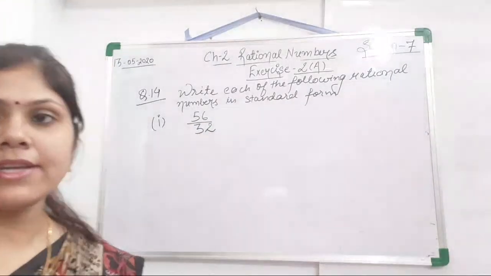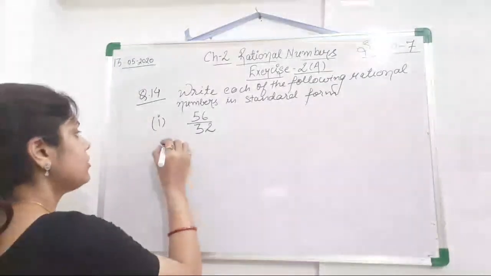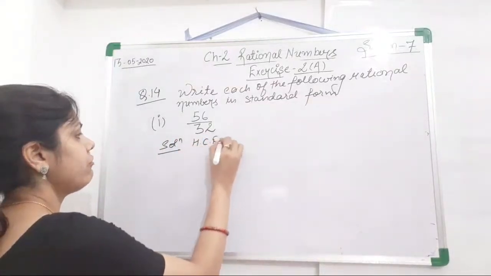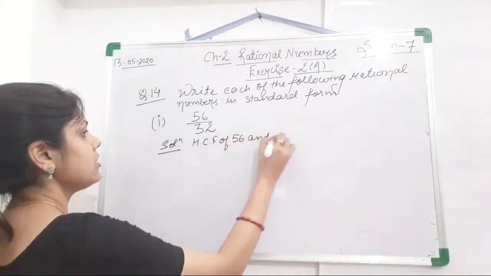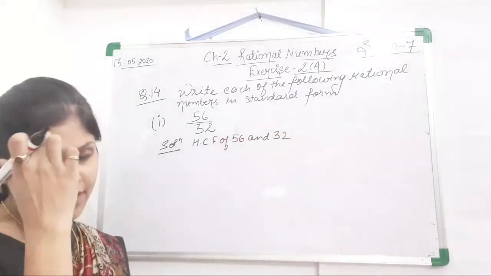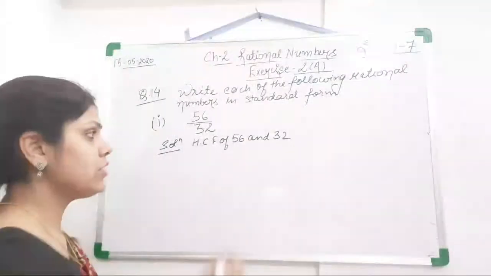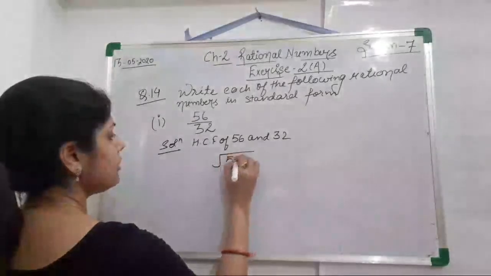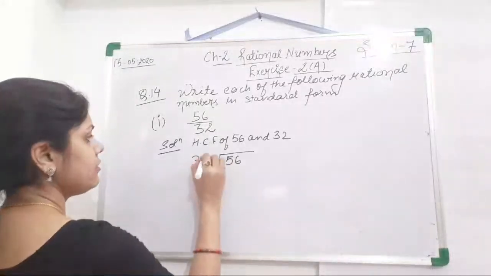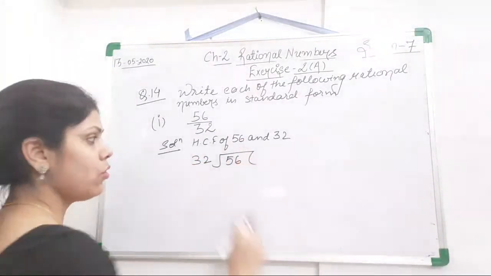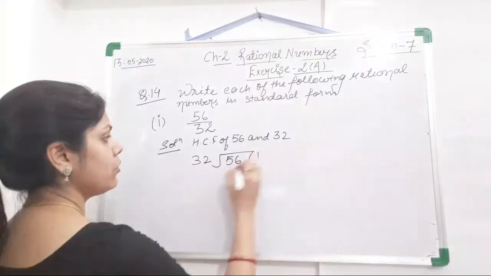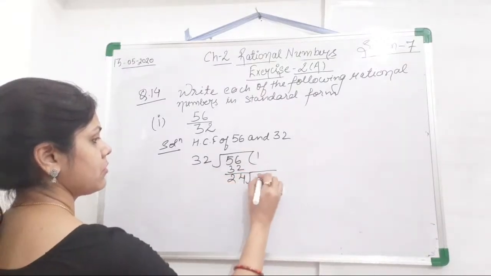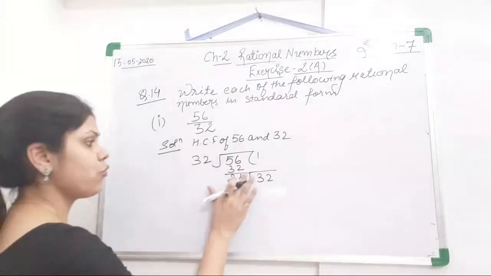Numerator is 56 and denominator is 32. What will you do? HCF of 56 and 32. Okay, I told you that day how to take out the HCF. Regardless of sign, whatever number is the larger one will become the dividend here, then divide by 32. 32 ones are 32. Now you got the remainder as 24.